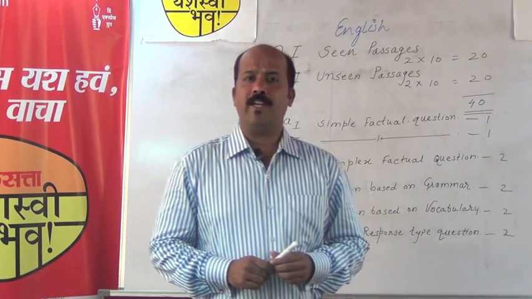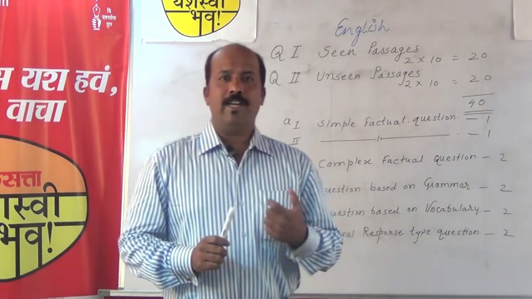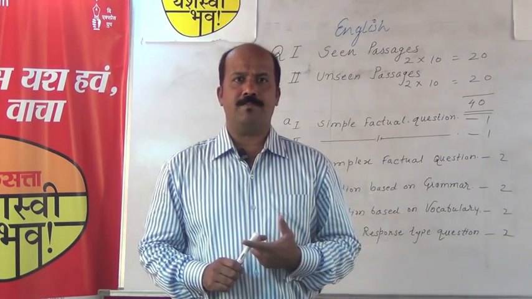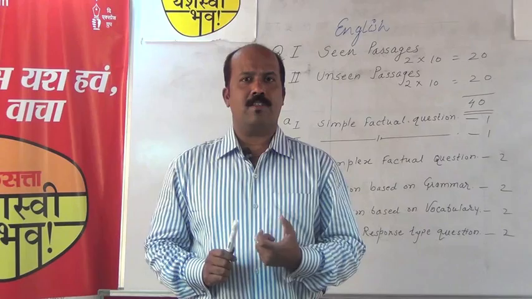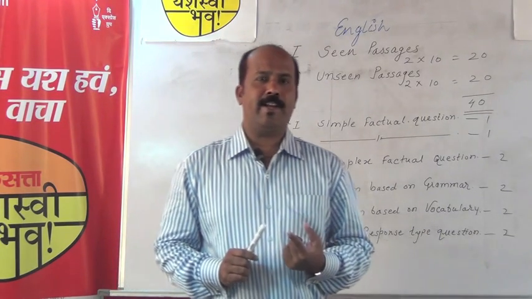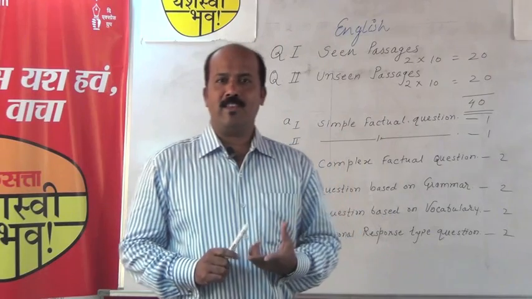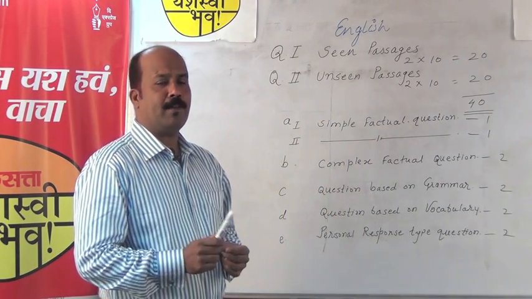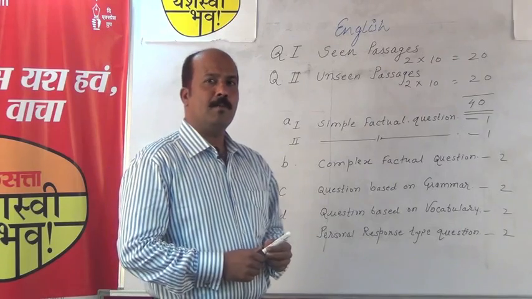Just try to attempt it because it is well said in English that a drop makes an ocean. If you try this question, definitely you will get minimum half mark, and definitely half is better than 0. So if you attempt it, you will increase your marks.